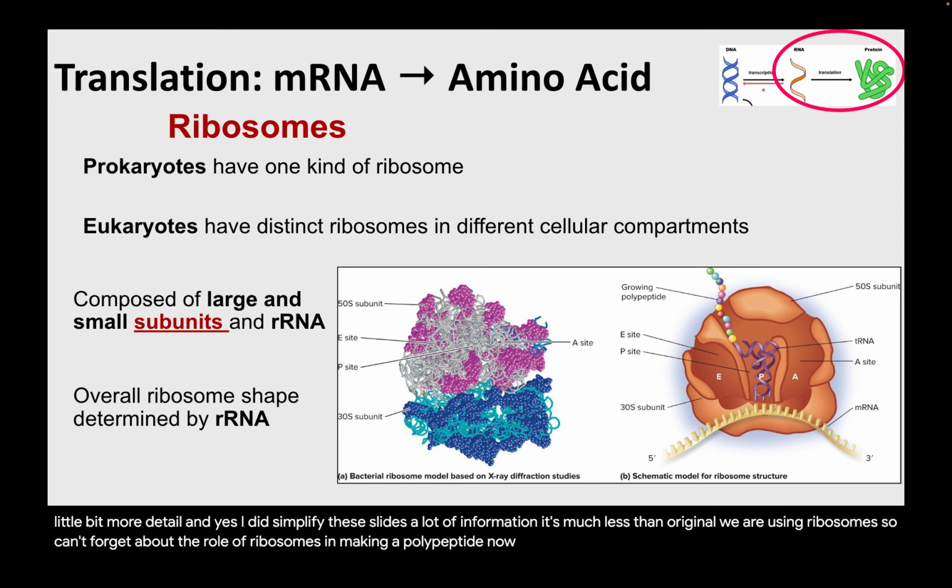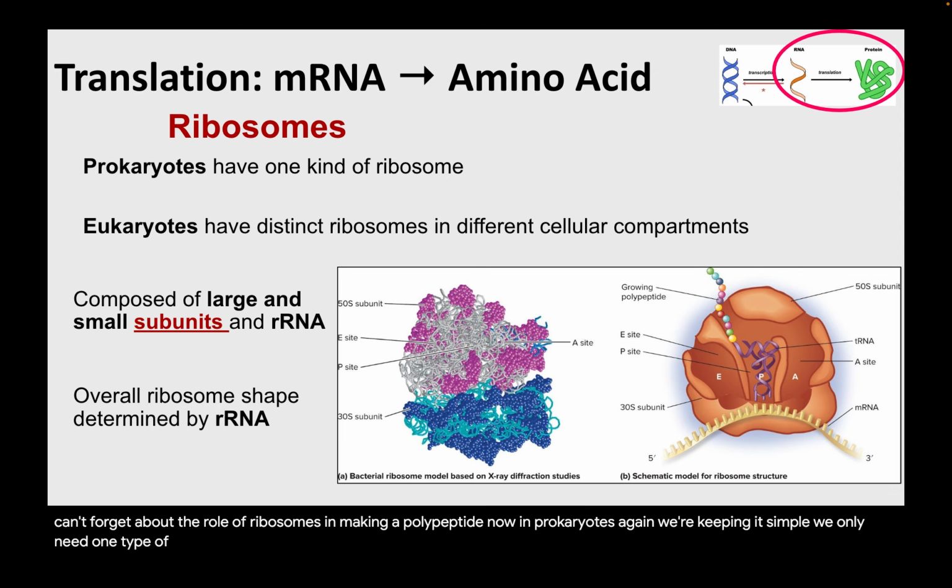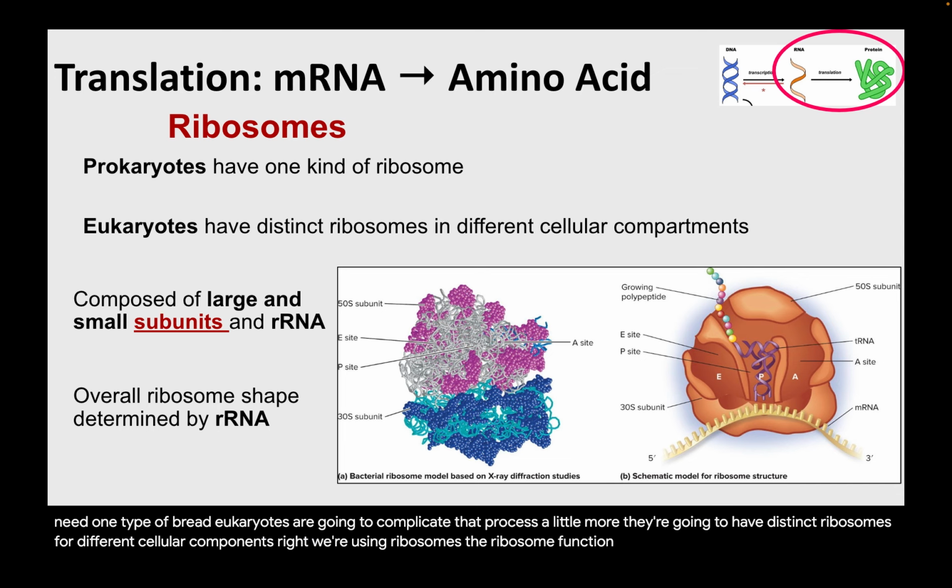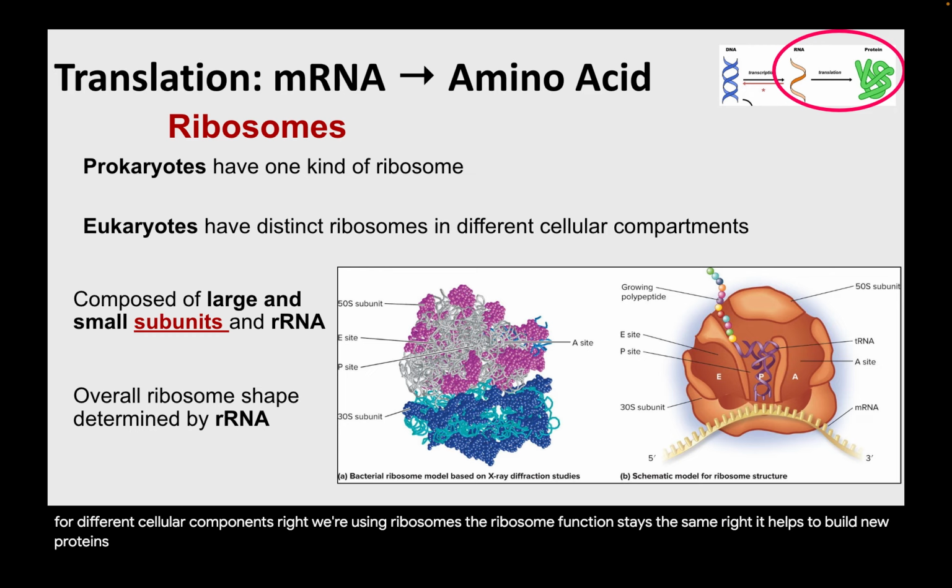Now in prokaryotes, again, we're keeping it simple, we only need one type of ribosome. Eukaryotes are going to complicate that process a little more. They're going to have distinct ribosomes for different cellular components, right? But we're using ribosomes. The ribosome function stays the same, right? It helps to build new proteins.